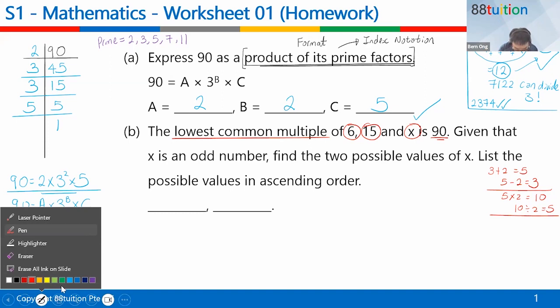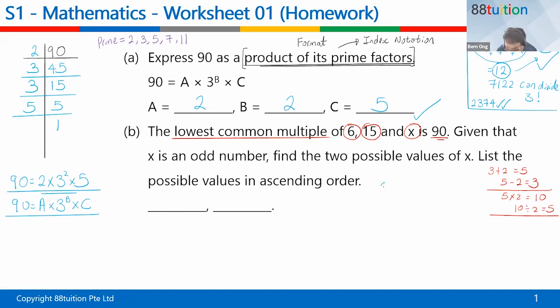So the number 6 can actually be broken down to what? 2 times 3. Is that okay? Using something called the product of prime factors. The number 15 is actually made out of 3 times 5. Correct or not? And the number 90, the question says is actually the LCM, LCM 90, which is given on top.